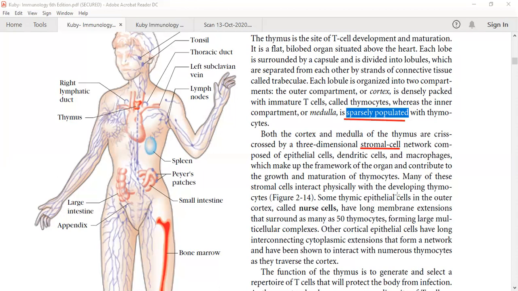They are thymic epithelial cells, specialized cells called nurse cells. Long membranous extensions surround as many as 50 thymocytes. So one nurse cell can nourish near about 50 thymocytes, forming large multicellular complexes.